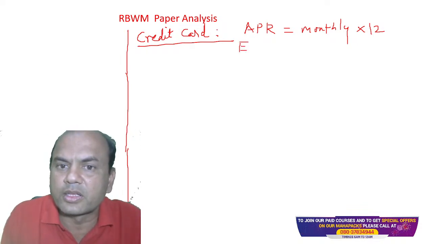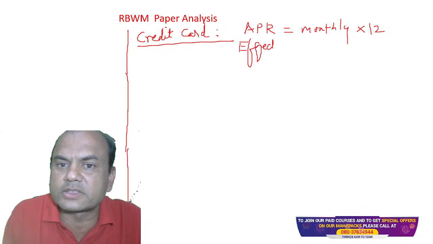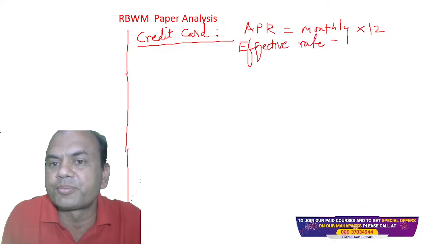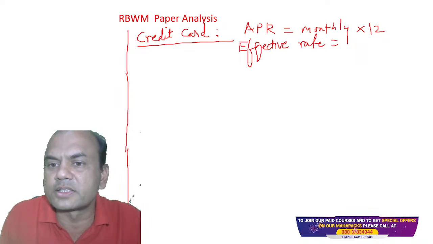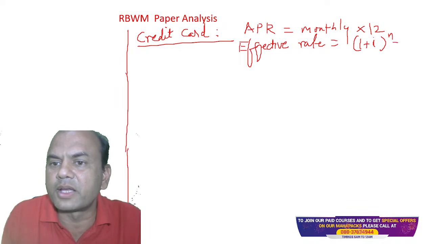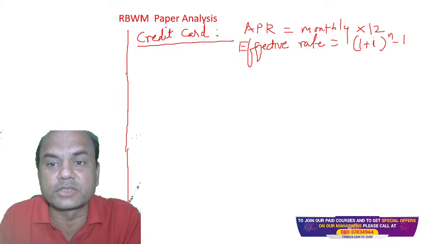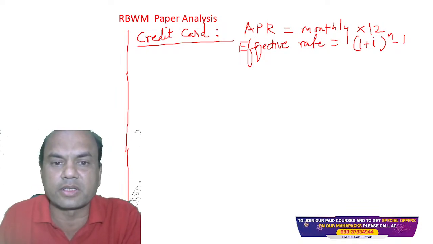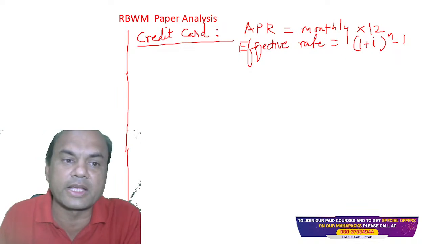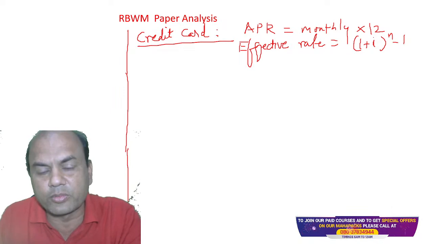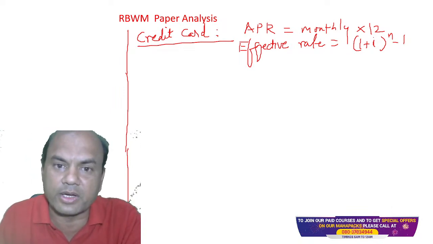In the morning batch they had not asked effective rate, but if effective rate is asked, then use the formula 1 plus i raised to n minus 1, which I had given you. That becomes the effective rate. In the morning batch APR was asked, so in the afternoon batches they might ask you for effective rate also.